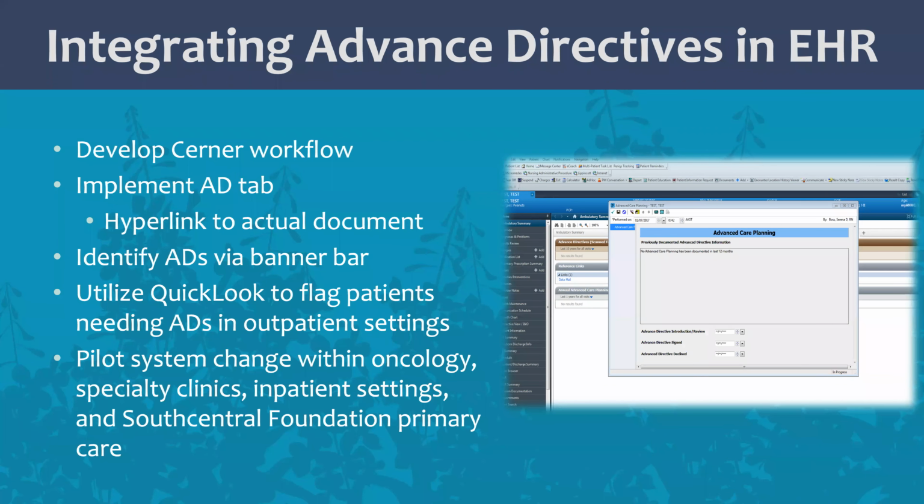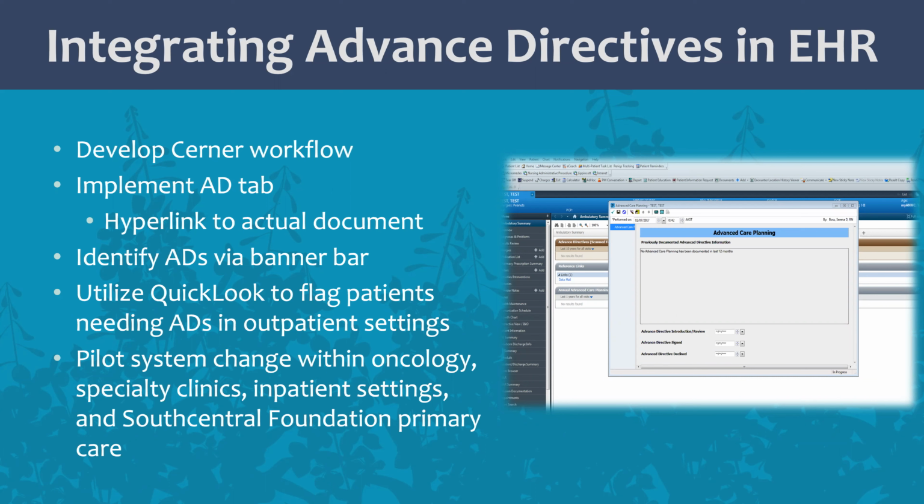So, I had touched upon integrating advanced directives in the electronic health record. We use Cerner, that's our electronic health record system here. I remember in the beginning, I believe it was the Mayo Clinic, they built a little prompt in the banner bar saying that there's an advanced directive on file.